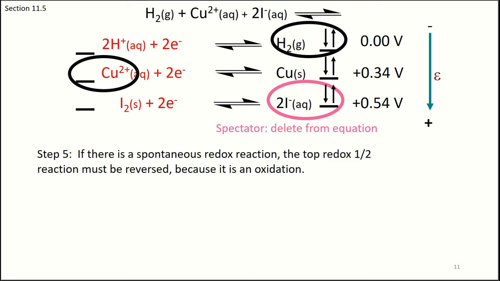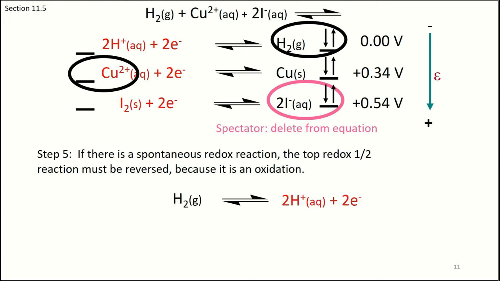Now that I've identified the two reactions that are participating in the net redox reaction, I will go ahead and take the top reaction, which is the one that has the more negative potential associated with it, and I will reverse it. And that is because the reaction that has a more negative potential is the one that will occur as an oxidation.